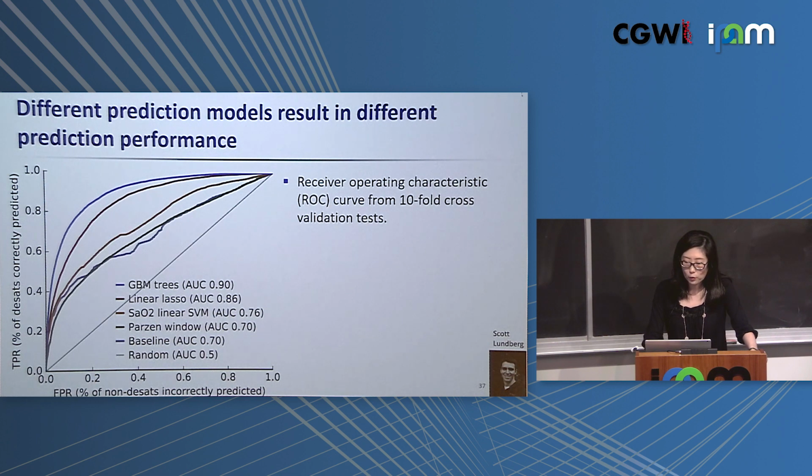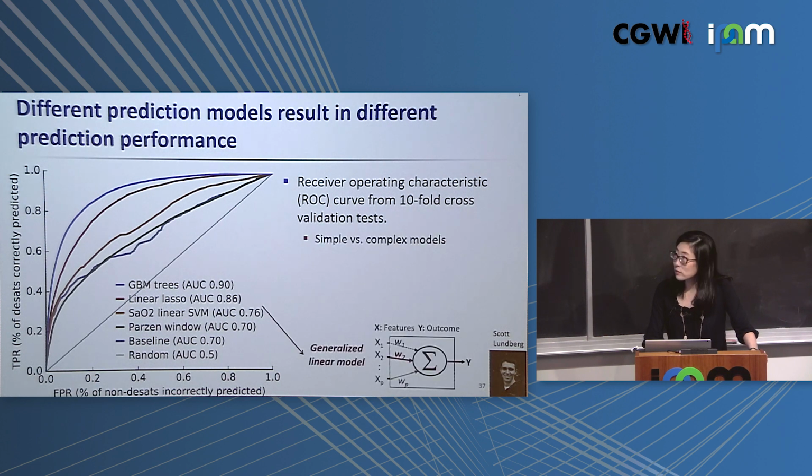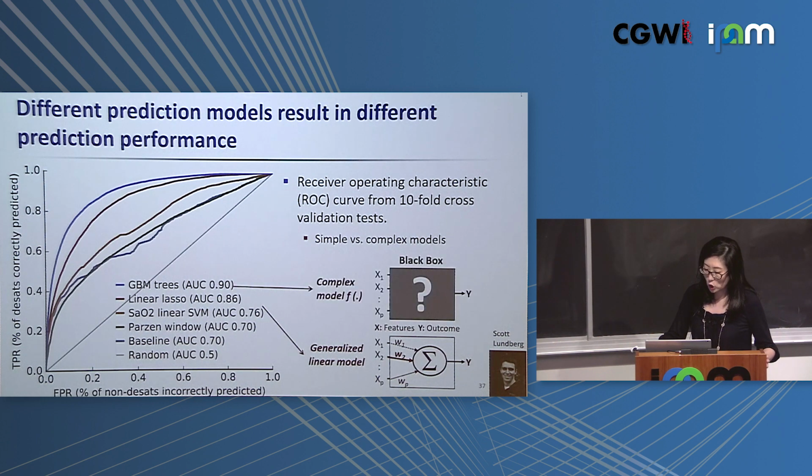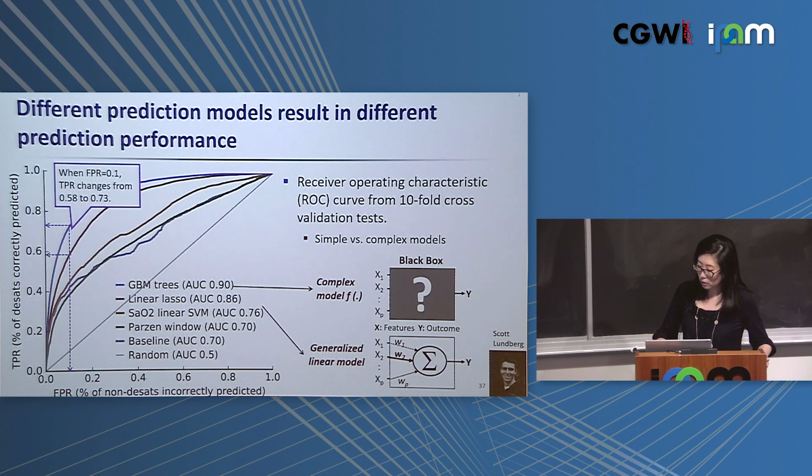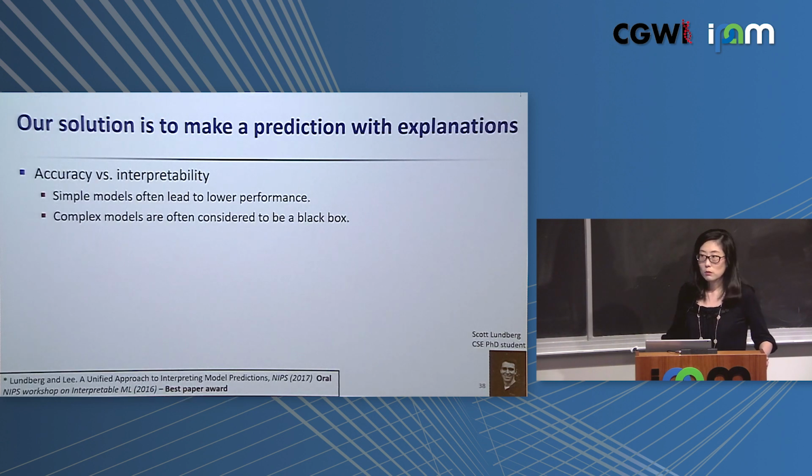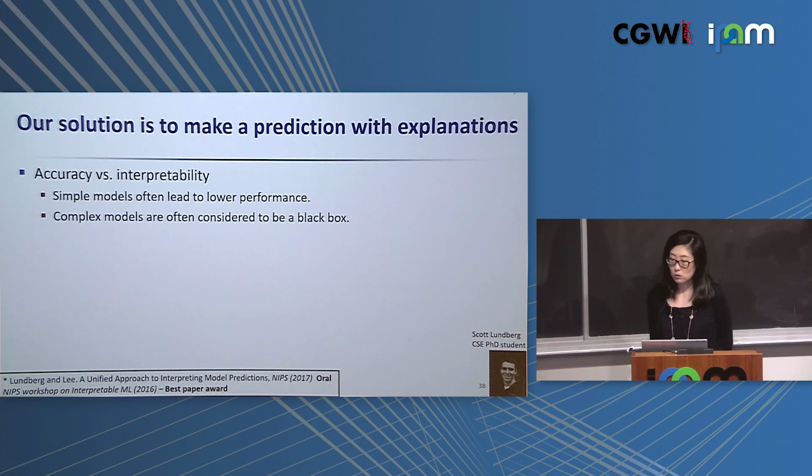The two best performing models are one simple model, a linear model, which is perfectly interpretable, where the weights tell you which features are important, and the ensemble tree model, which represents a complex model, often considered to be a black box. Actually, this ensemble tree model is significantly better than the linear model if you read these numbers on the y-axis. Many machine learning researchers are familiar with this situation, the tension between accuracy and interpretability.